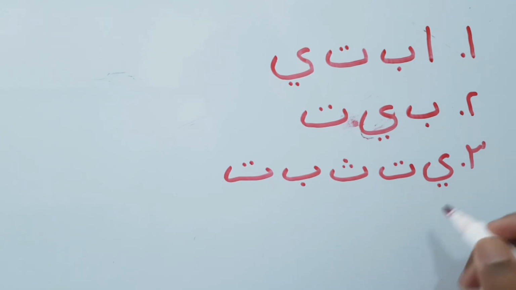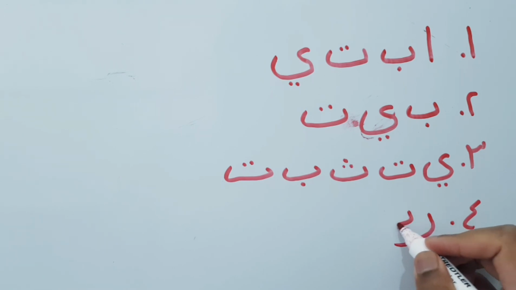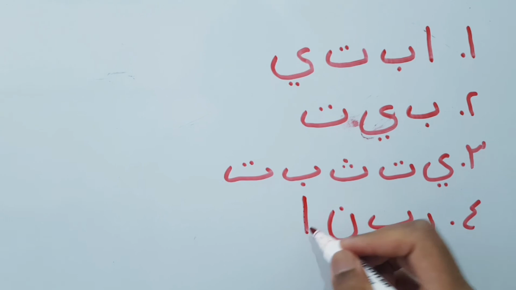Number 4 is ra, ba, noon, alif. These 4, I want you to join them together. If it joins, join it. If it doesn't join, from the letters that don't join, leave them unjoined. I want you to do this as homework also, alongside the homework that we mentioned previously.